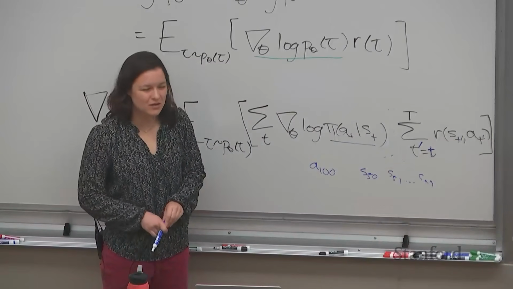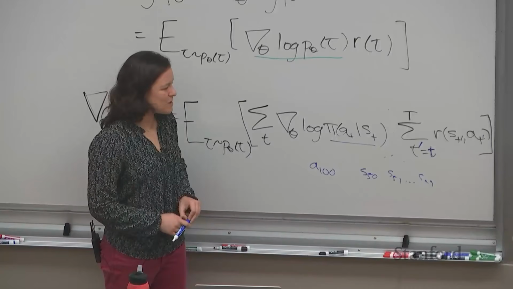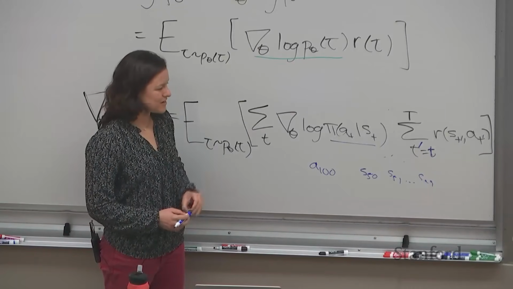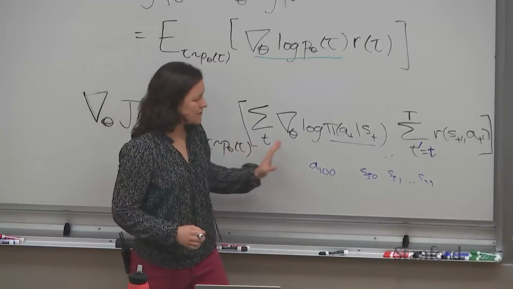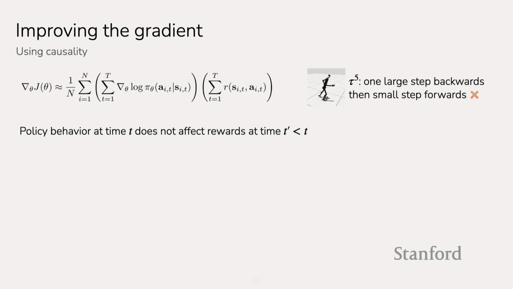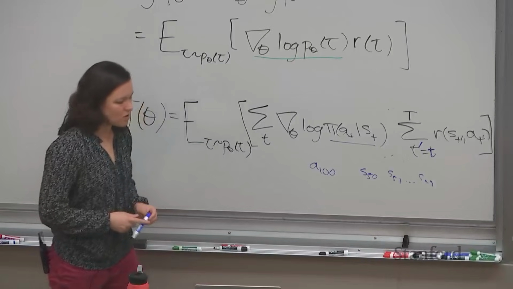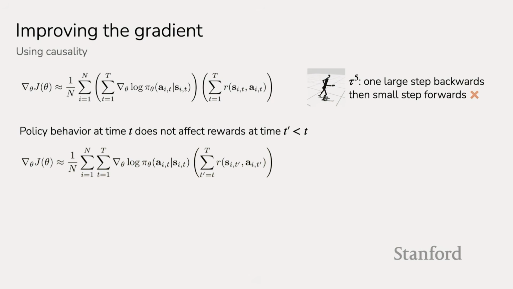It's a little bit hard to write out mathematically why you can do that. I can maybe think about whether there's a nice mathematical expression for it, but it's really just about causality in the world. Policy behavior at time t is not going to influence rewards at earlier time steps. Cool. I think this equation, okay, I don't have the typo in this equation.